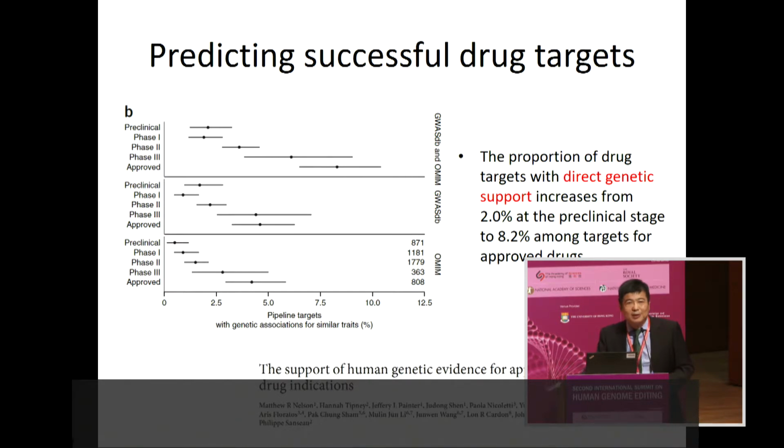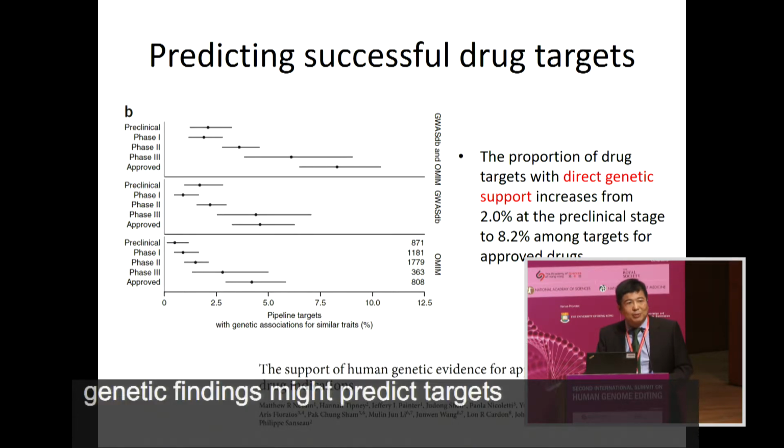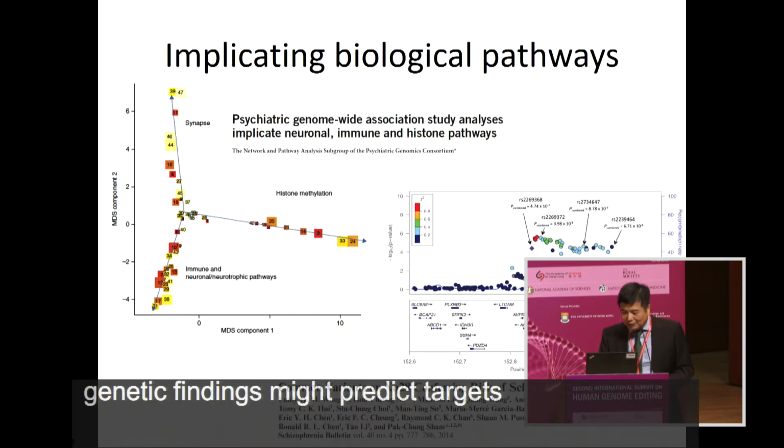So a few years ago, we had a collaboration with GSK, and they looked at their drug development pipelines, and we observed that the drug targets in these pipelines at a more advanced stage tend to have more support from genetic evidence compared to targets that are earlier on in the drug pipeline, the preclinical stage. And this suggests that having genetic support increases the success of drug development.